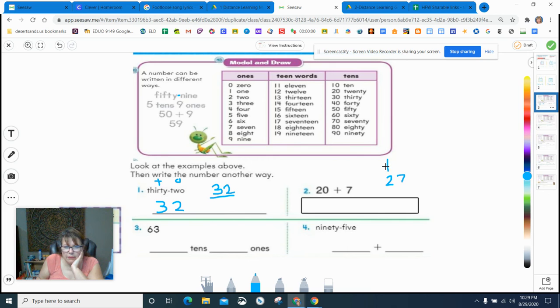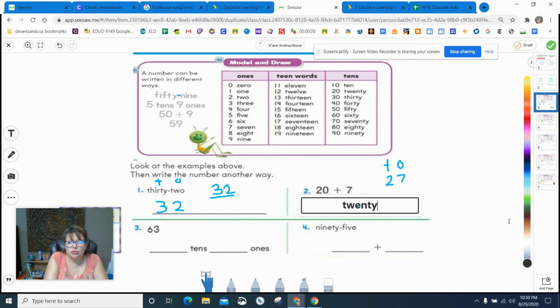I have 2 tens and I have 7 ones. So I go 10, 20. So I'm going to find number 20 and I'm going to copy the word. I'm going to type in the word. So I'm going to click here. Oh, I have to go back to my hand. I'm going to click here and I'm going to copy the word 20.